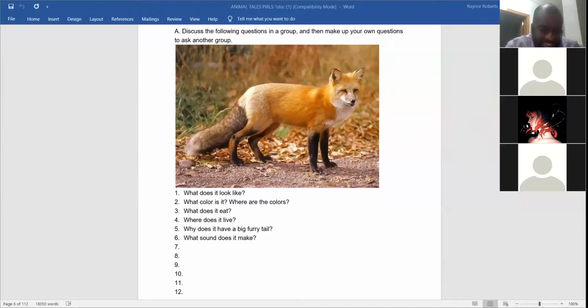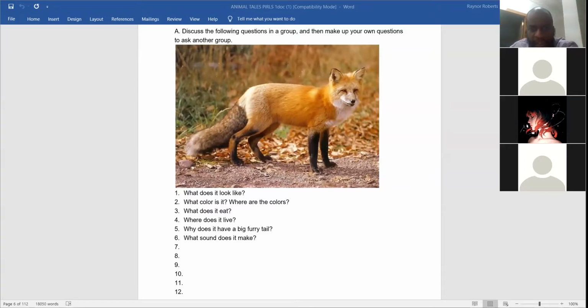Foxes are cunning, right? Cunning is synonymous with deceptive. Okay, they're synonyms. Sly, cunning, deceptive. So what does cunning mean? Cunning means deceptive. They're tricky. They'll try to trick you.